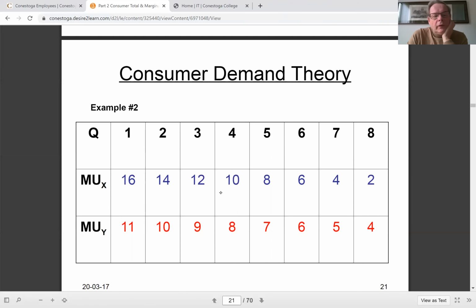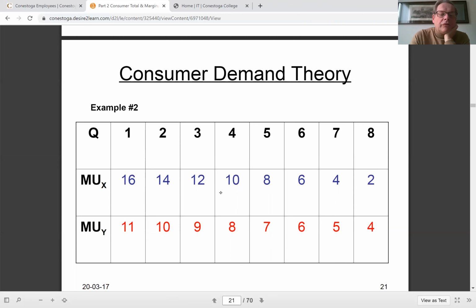So if we're going to do that, then we have to determine, are we going to buy X or Y first? If we buy the first X, we will get 16 levels of utility. That's our total utility after consuming one item, and we spent a total of $2.